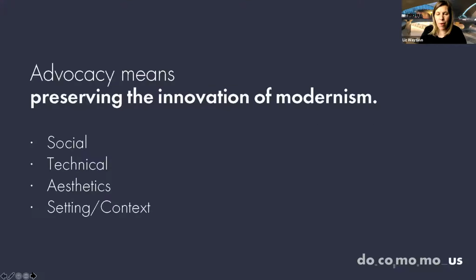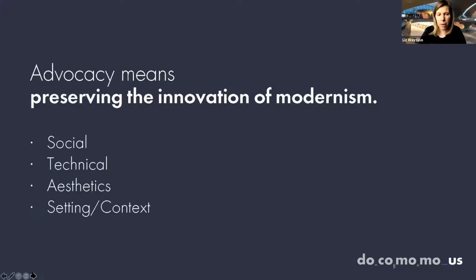So very often people ask me, you're Docomomo, why are you advocating for 80s buildings? Are you defined by how a building looks, the time period that it falls in? And the answer for Docomomo is a lot more nuanced.